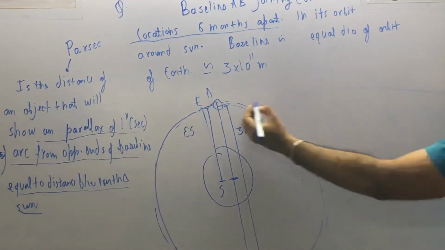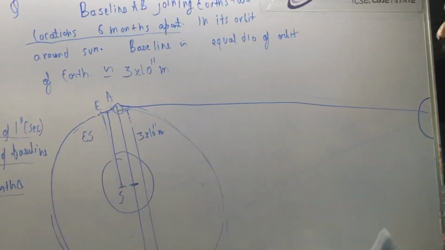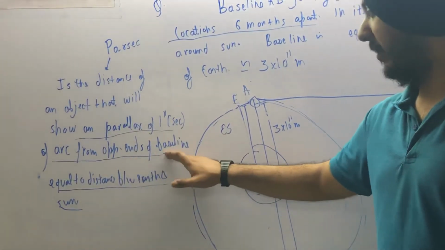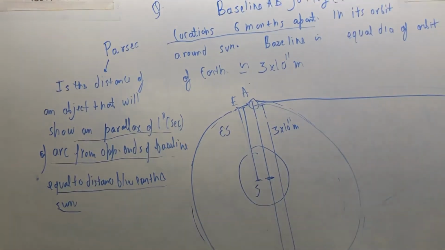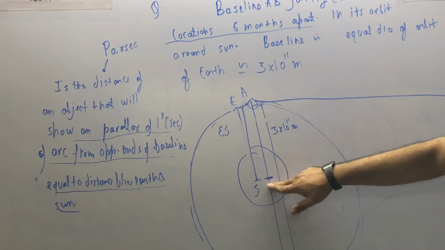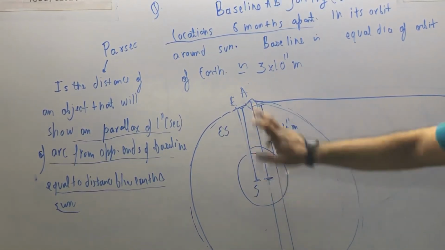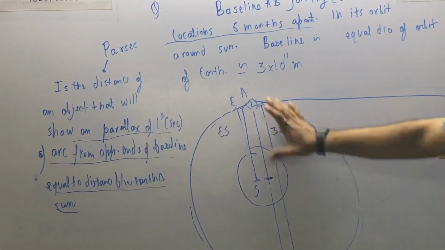So just make this diagram. He has told us that the ends of the baseline are equal to the distance of Sun and Earth. So the two ends of the baseline will be this and this. This is the baseline, but the two ends that are equal to the distance between Earth and Sun are this much.